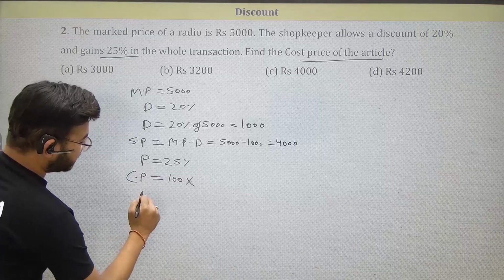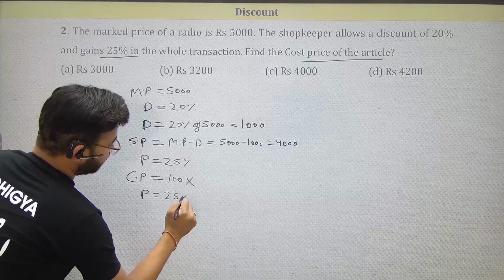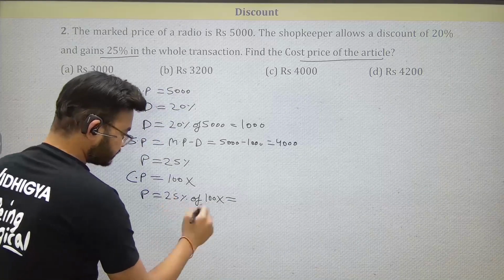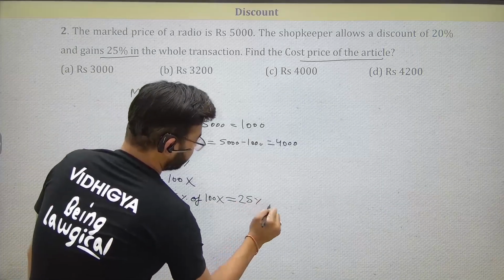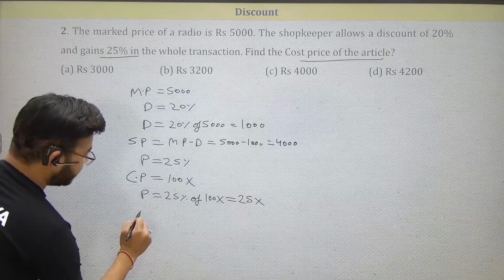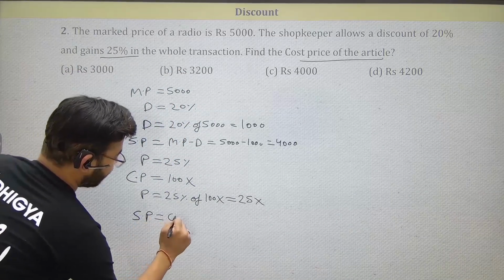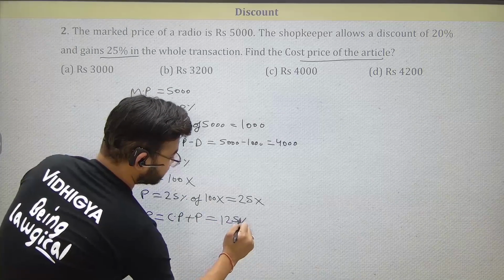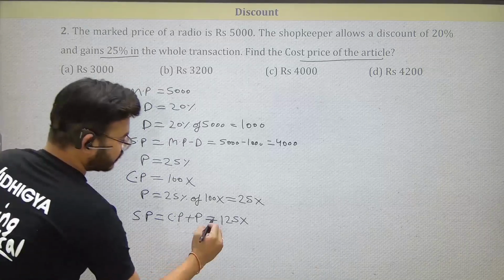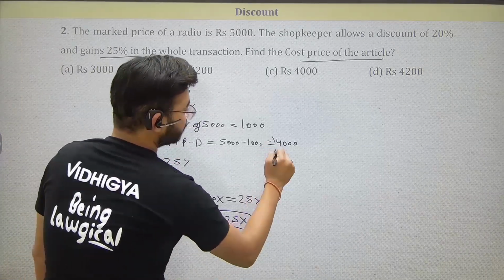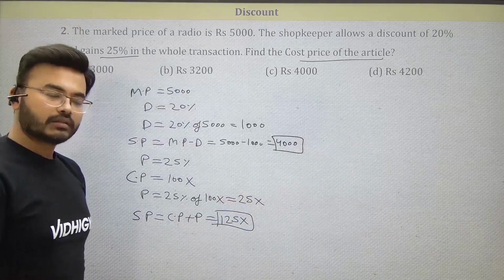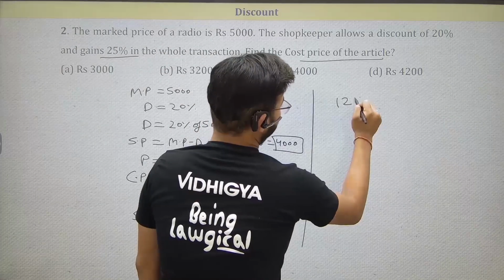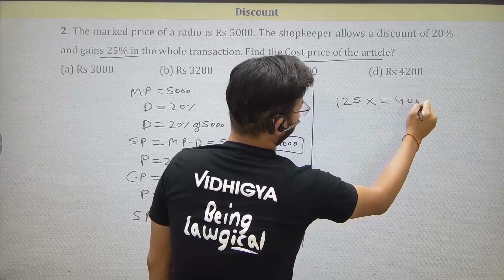Profit is 25%, so profit will be equal to 25% of 100x, which is 25x. That means the selling price will be cost price plus profit, so that is equal to 100x plus 25x. So this becomes 125x. Now the value of this 125x is given to us, which is 4,000. So simply we equate both these things. So this implies that 125x is equal to 4,000.